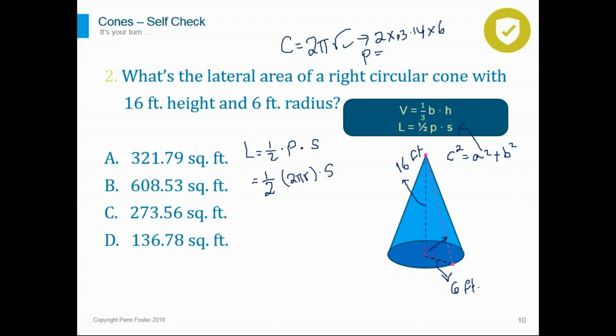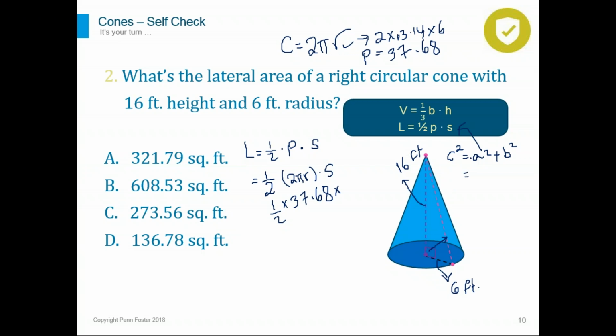So 2 times 3.14 and then times 6, and that will give us 37.68, and that is for the perimeter or the circumference part. So that is 37.68. Don't forget the half. And then our slant height would be the hypotenuse of this triangle. Hypotenuse is missing, so the c squared now is the variable that we need to solve for.